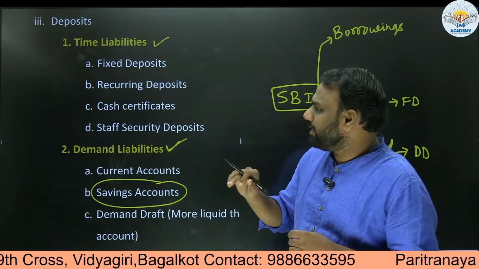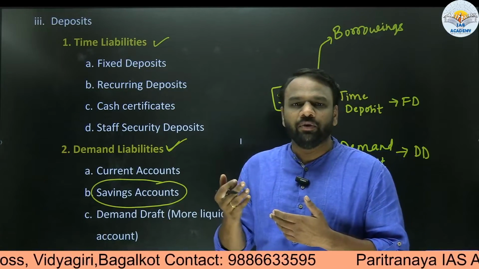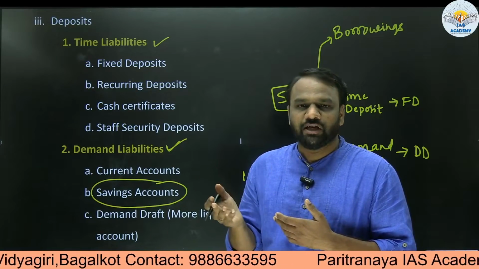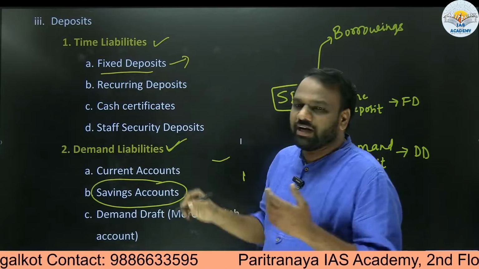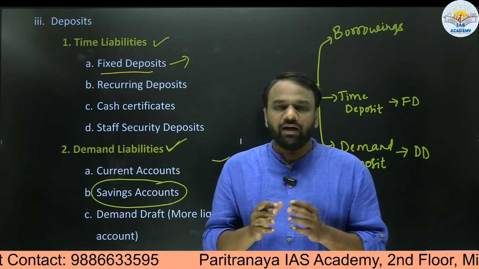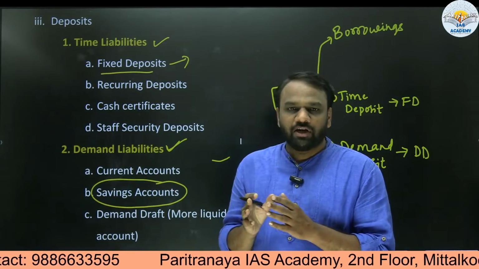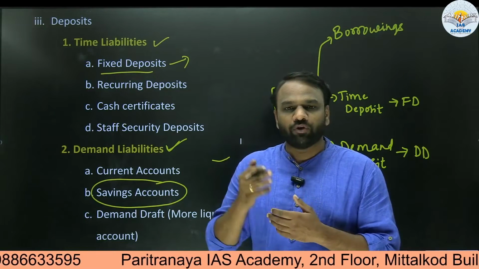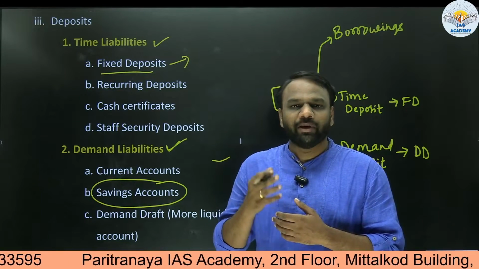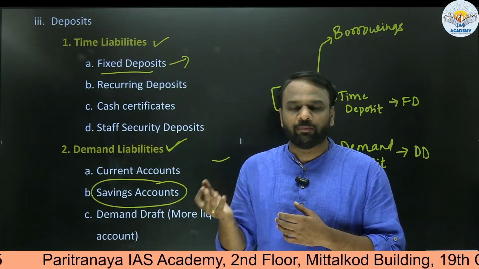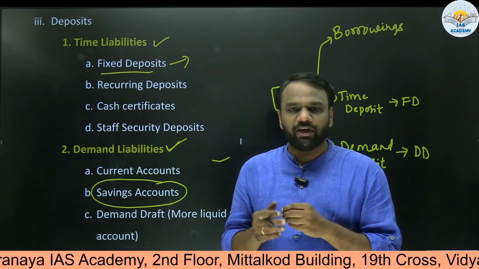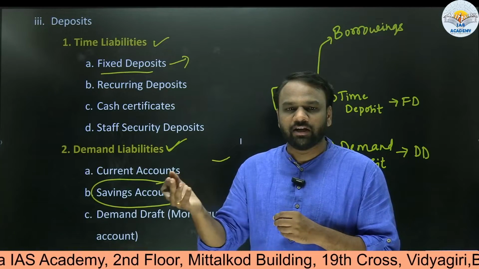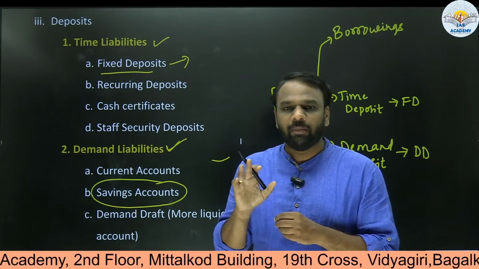But there is another example wherein banks can deny you your deposits: the fixed deposit. Let us assume you have made a fixed deposit in the month of January, and its maturity is 1 year. After 1 year you can withdraw, and there will be a rate of interest provided by the bank. After 3 to 4 months, if you are short of money and demand that the bank return your amount, the bank may refuse.